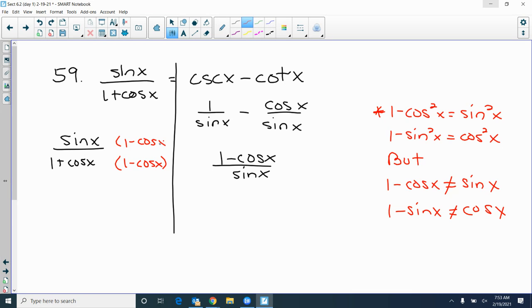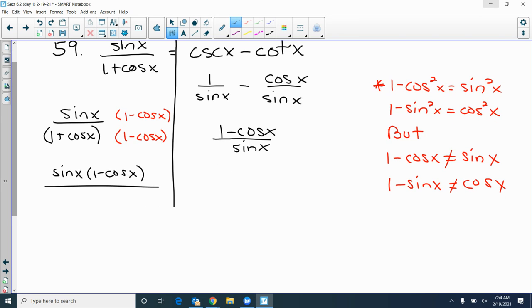You got to treat this as in parentheses because you got a FOIL. I'm going to wait to distribute that sine of x in just to see what's happening first. So sine of x times 1 minus cosine of x over 1 plus cosine of x times 1 minus cosine of x.